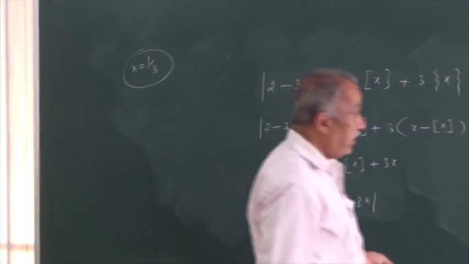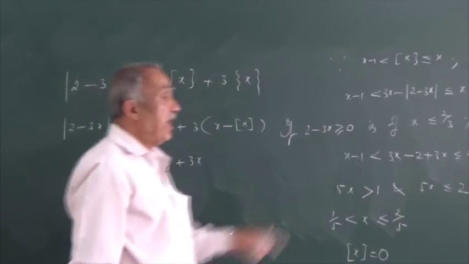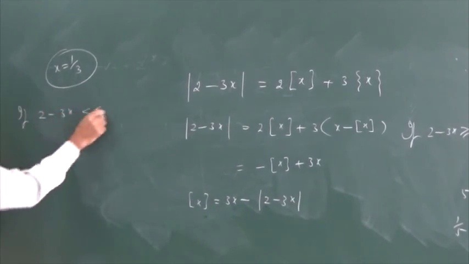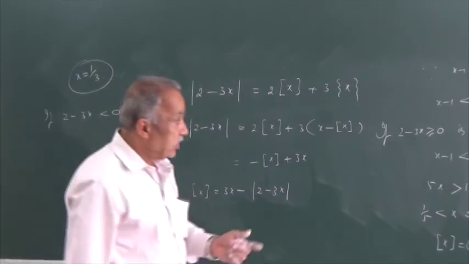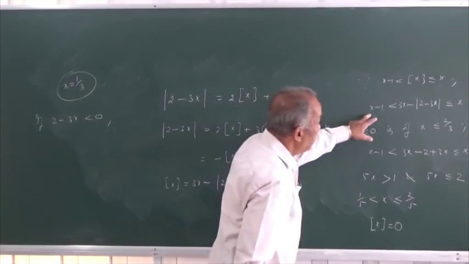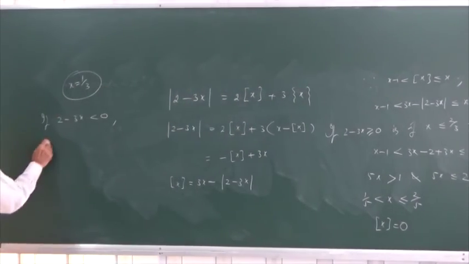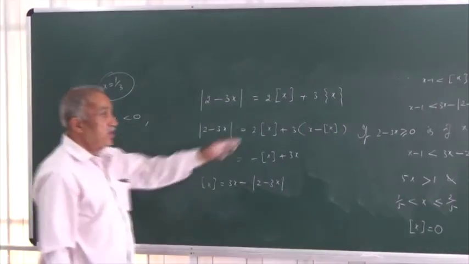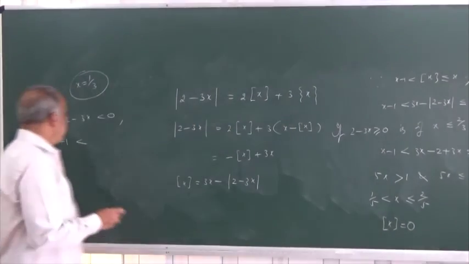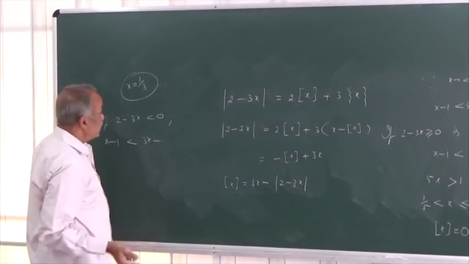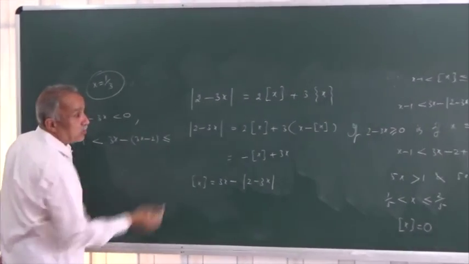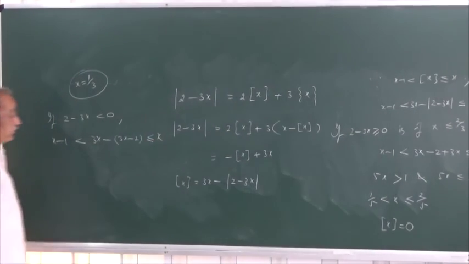Now the other possibility, 2 minus 3x negative. If 2 minus 3x is negative, this condition will read x minus 1 less than 3x minus modulus of 2 minus 3x, and modulus of 2 minus 3x now is 3x minus 2, and this must be less than or equal to x.